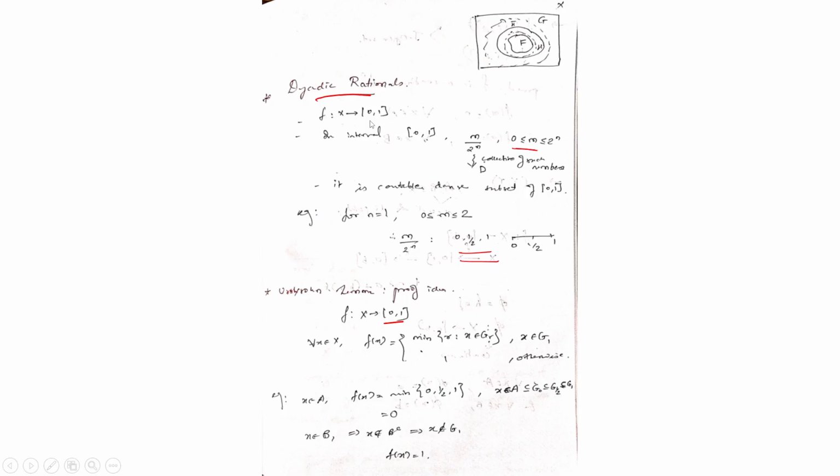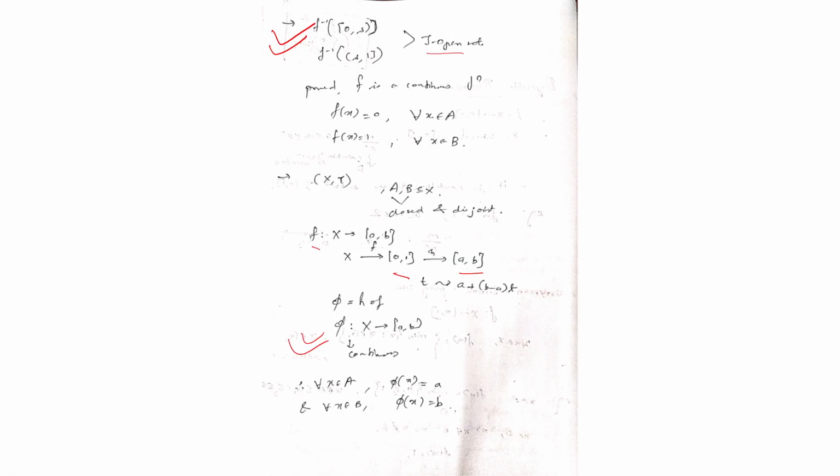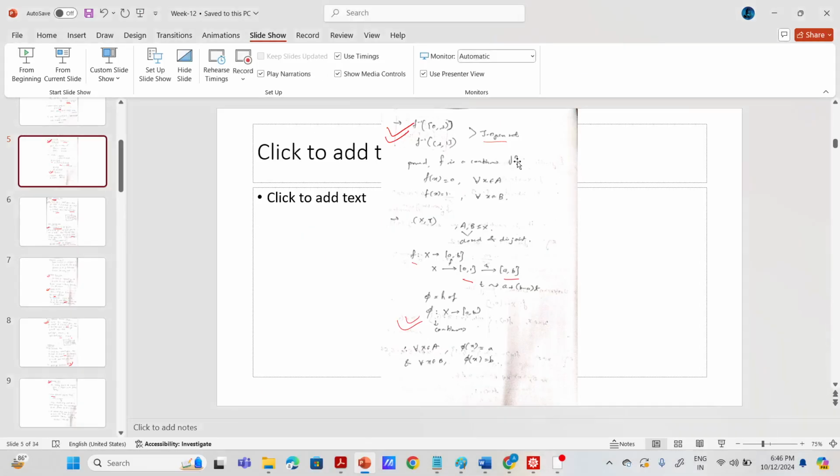So dyadic rationals will be a function from X to the closed interval [0, 1]. It will be defined in this form: m by 2 to the power n. Okay, so collection of, it is already given there that it is a dense subset.